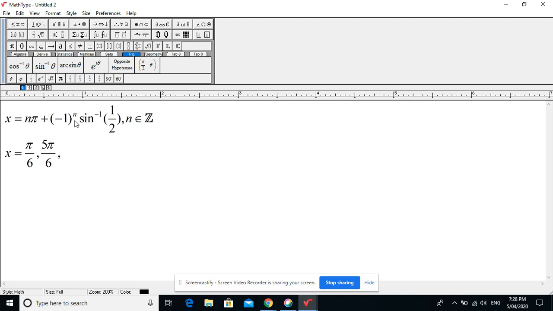So that's 2 pi, negative 1 to the power 2 is positive 1. So 2 pi plus pi on 6, because 1 times inverse sine of 1/2 gives us pi on 6. 2 pi plus pi on 6, is that in our bounds? It gives us 13 pi on 6 if I'm doing that right in my head. Nonetheless, it's clear that it's above 2 pi, so that's not going to be useful.